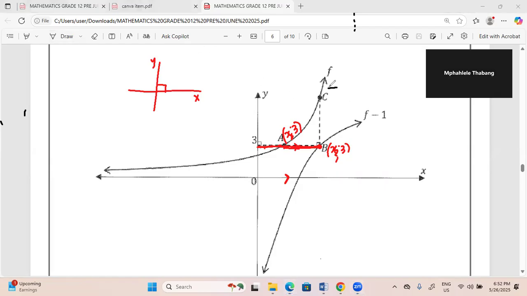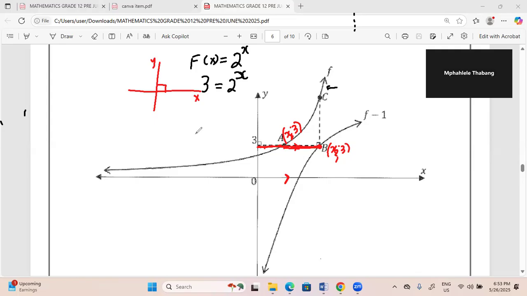Remember, this is f of x. So f of x, which is equal to 2 to the exponent x, is passing through the point A, where the y coordinate is 3. So I will say 3 is equal to 2 to the exponent x.